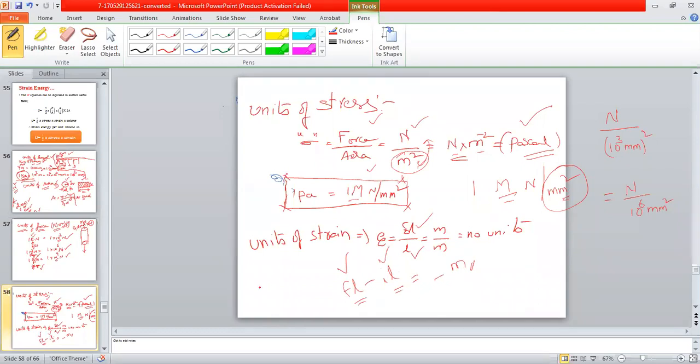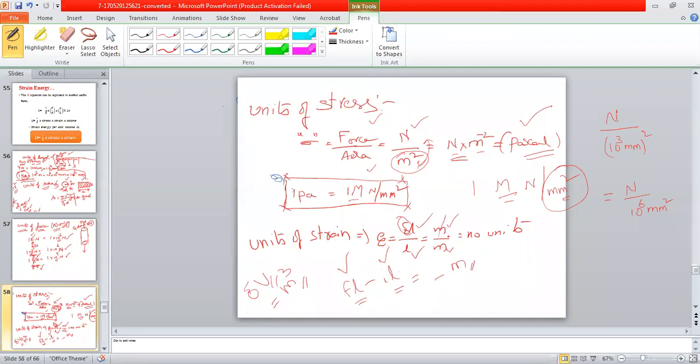Similarly, the change of volume also has units, that is meter cube. Therefore we have units for a change. That unit is meters, and the length unit is again meters.